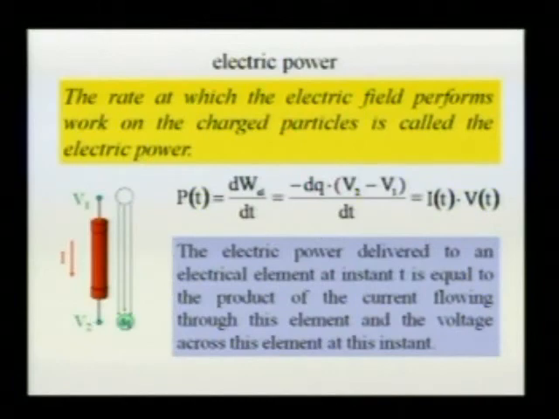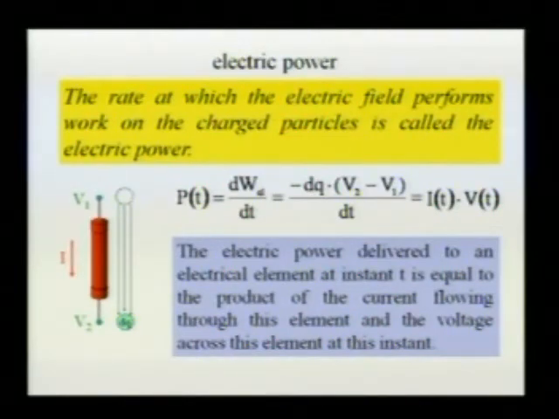So the electric power delivered to an electrical element at any instant is equal to the product of the current flowing through this element and the voltage across this element.